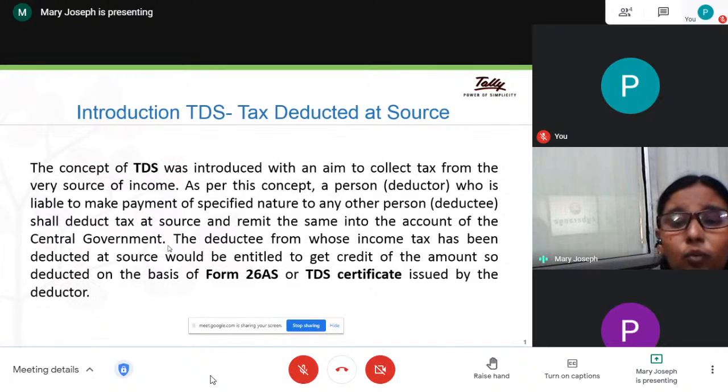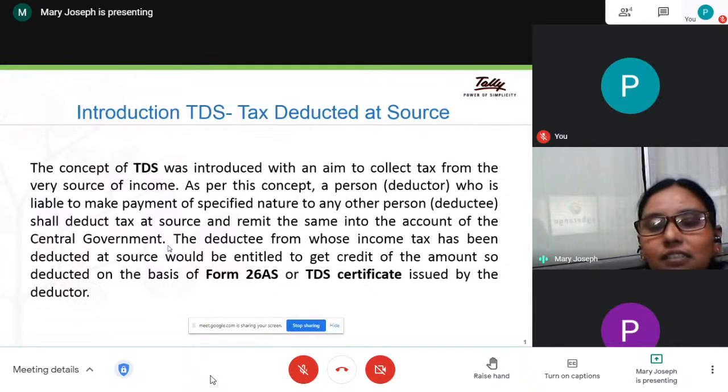Number one is the deductor and another one is called the deductee. The deductor is liable to make a payment of a specified nature to another person, and the deductee is the receiver of that payment. The deductor pays the payment to the deductee, and the deductee receives it.